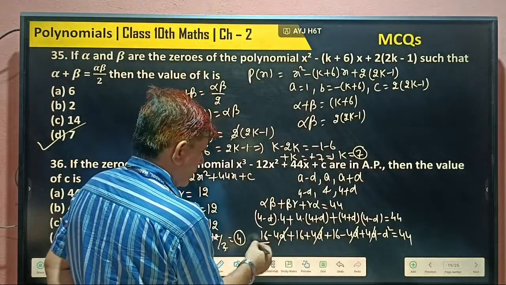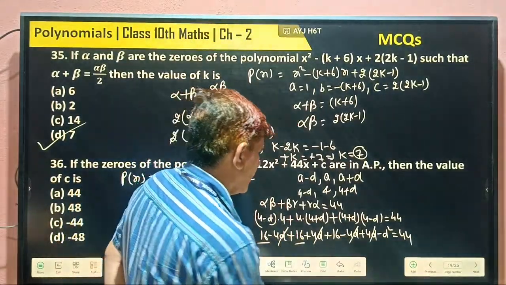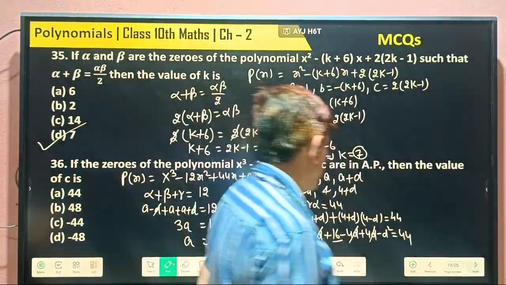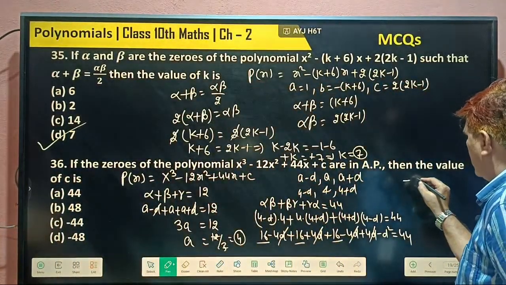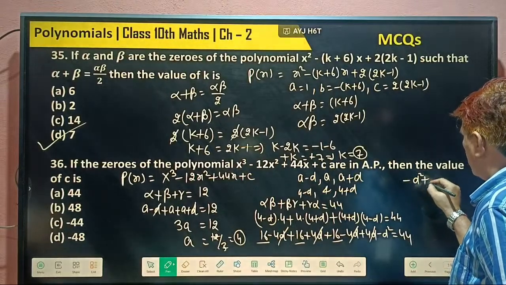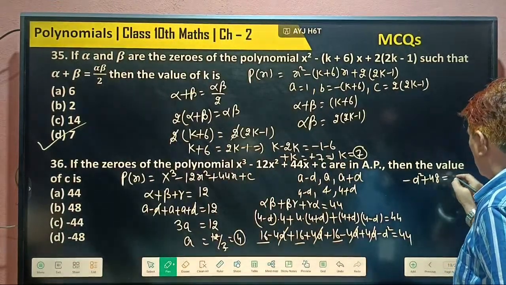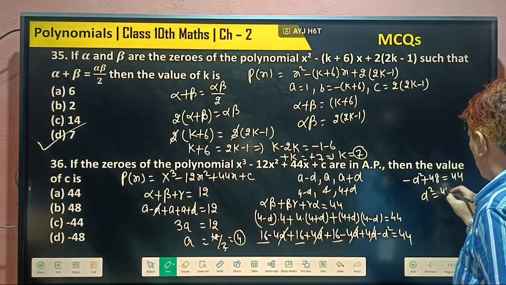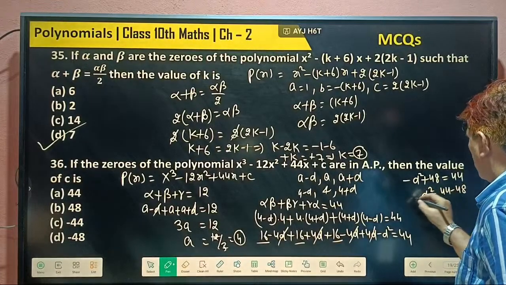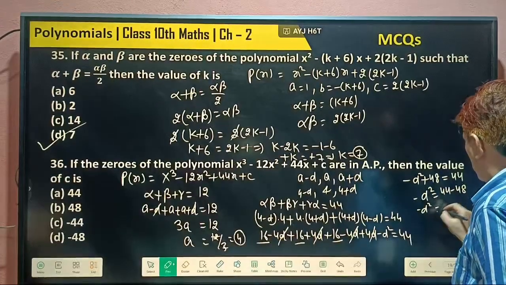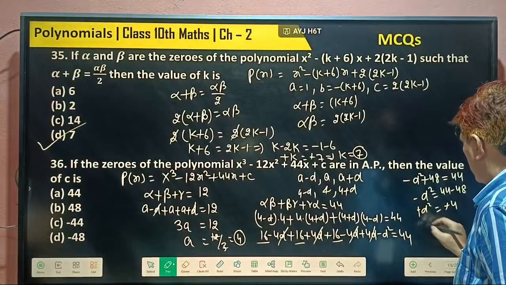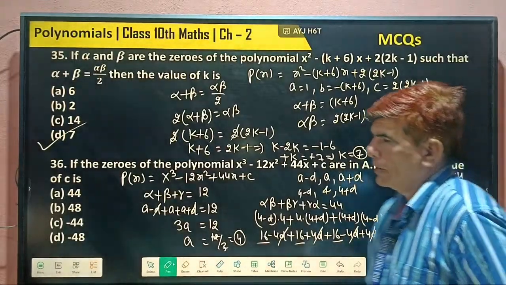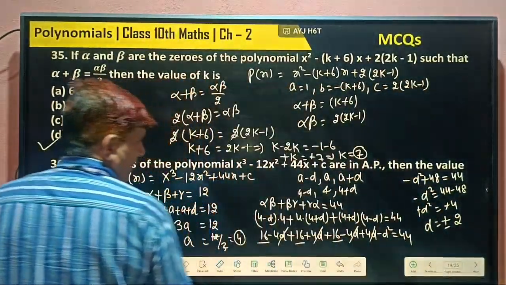How much is left? 16, 32, 48. So 48 left. Minus d square plus 48 is equal to 44. So d square is equal to 44 minus 48. So minus d square is equal to minus 4, cancel. So d is equal to plus minus 2.